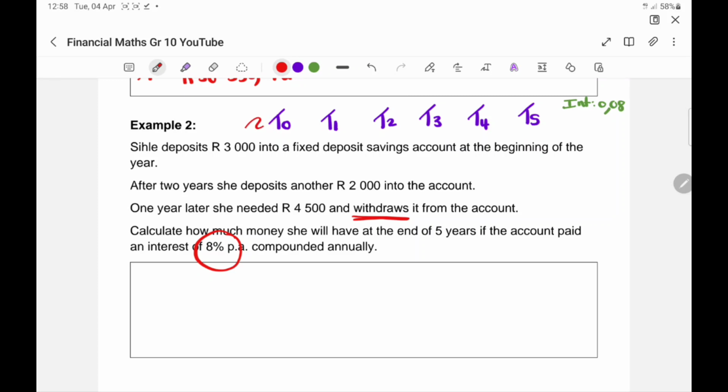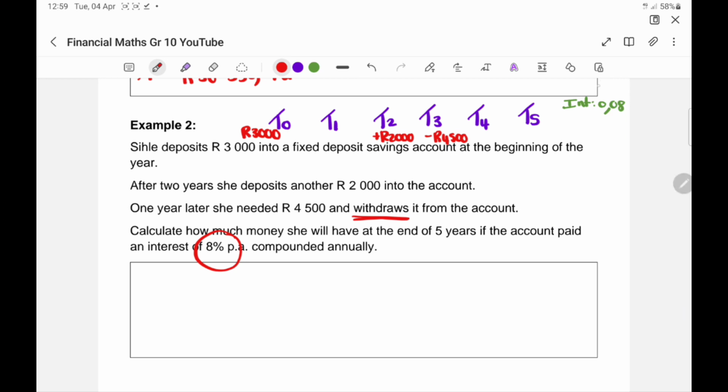So Claire deposited 3,000 Rand into the fixed deposit account savings at the beginning of the year. After 2 years, so 2 years, she deposited another 2,000 Rand. And then 1 year after that, so just 1 year on, she withdrew, she needed 4,500 Rand. Okay, and that is everything on there.